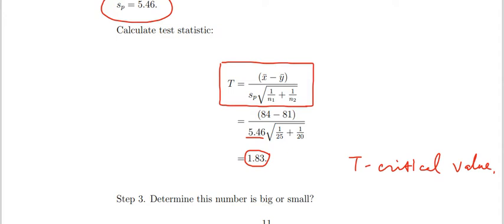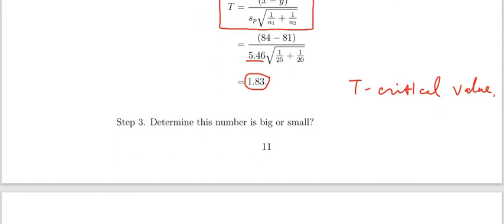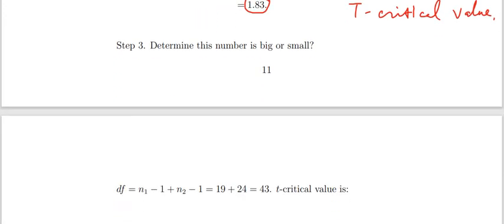For the T table, we first need to determine the degree of freedom. So what is the degree of freedom? In this case, we just add the two degrees of freedom.